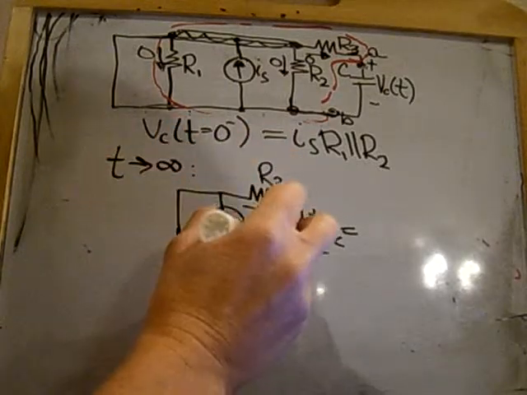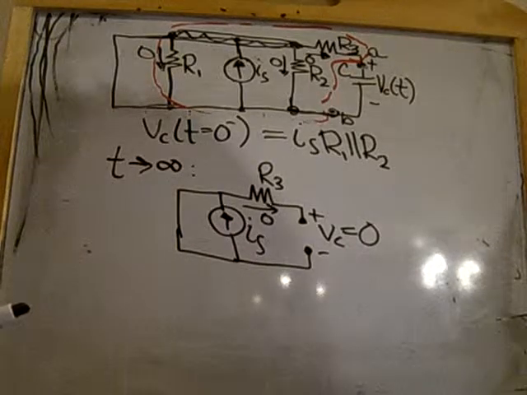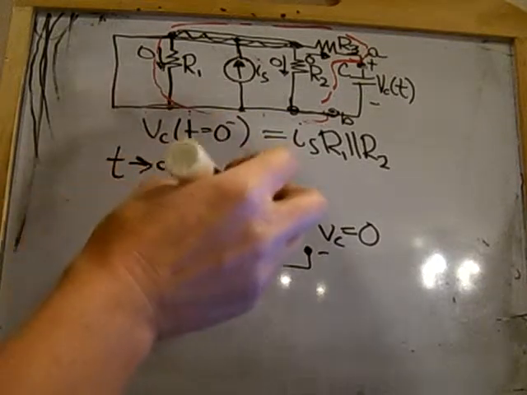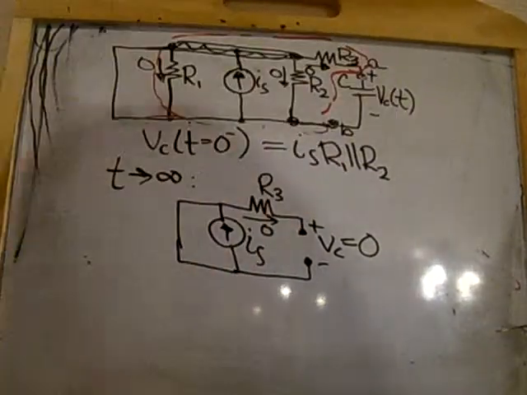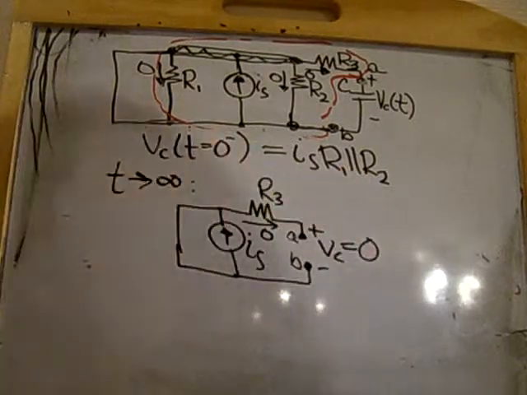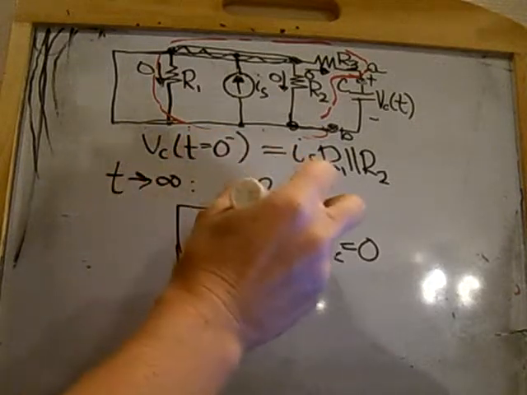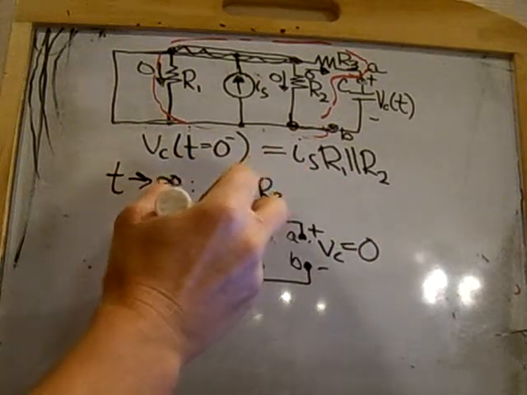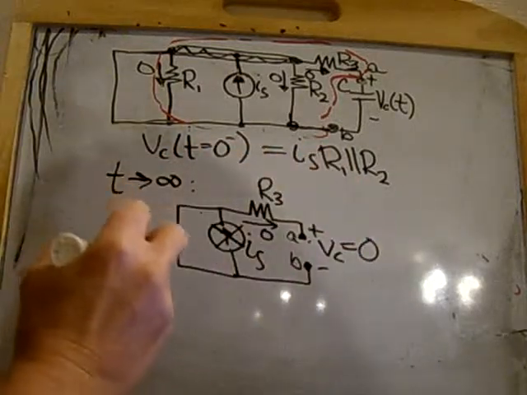So the voltage across this is going to just be 0 in the final position. To find the equivalent RTH for this circuit, this will be A, this will be B, and you can see here that the pathway from here around here becomes an open, and I just have the RTH is R3.